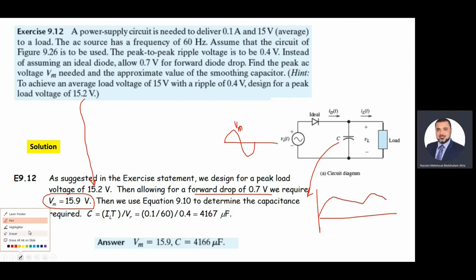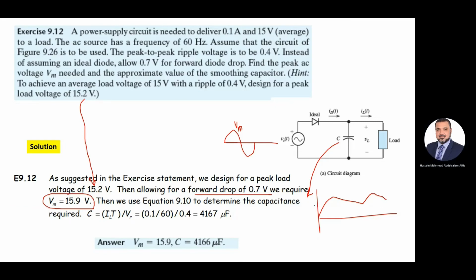This means the average voltage here is said to be 15. This distance, this ripple voltage, is 0.4. So what should be the maximum here?